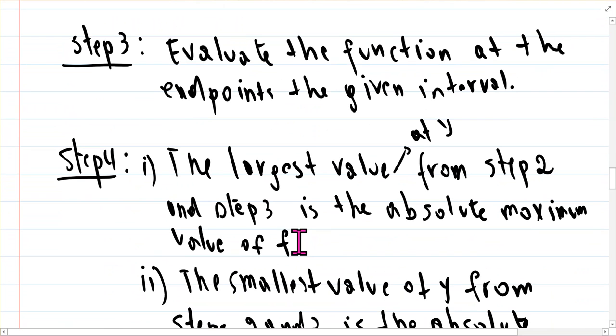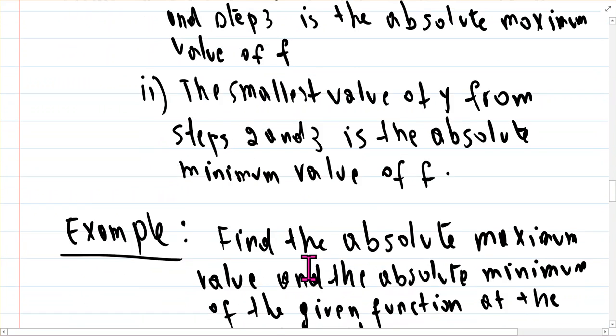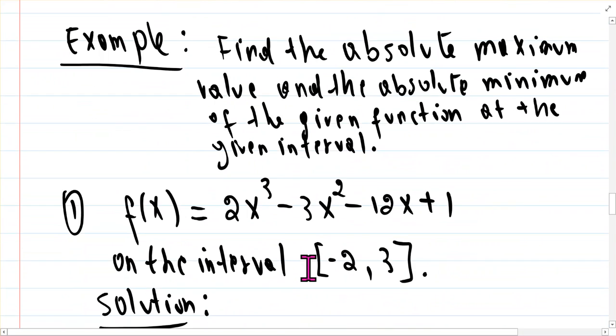And then step 4, you compare the numbers that you got from step 2 and step 3. The largest number is called the absolute maximum value of f. The smallest value of y from step 2 and step 3 is called the absolute minimum value of f. So let's check an example.